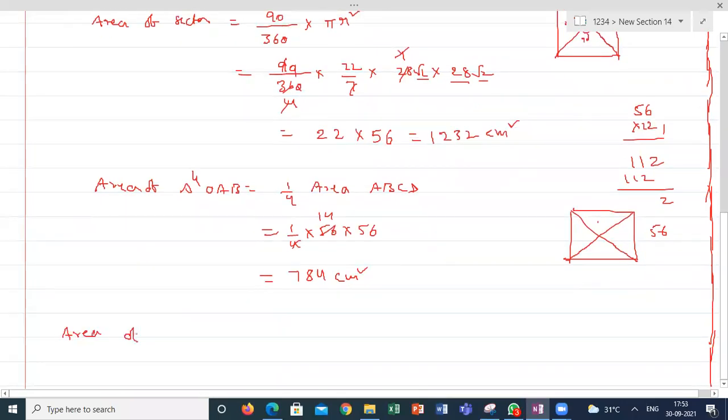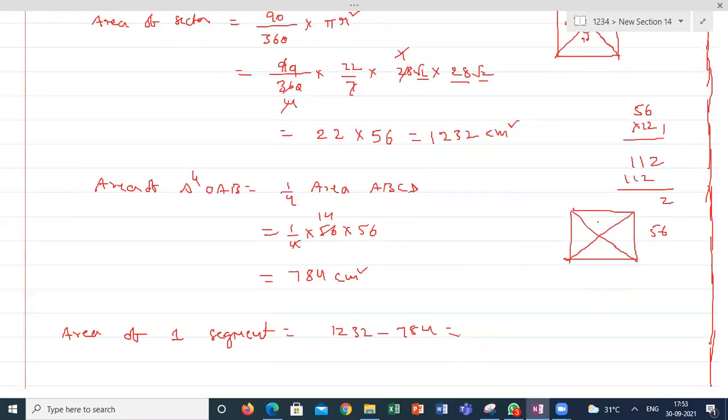Area of one segment will be equal to the area of that particular sector minus 784. What is the answer here? 448, sir. 448.